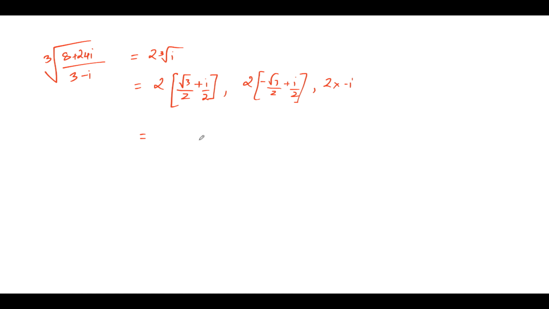So the three roots are root 3 plus i, minus root 3 plus i, and minus 2i. So this is the answer to your question.